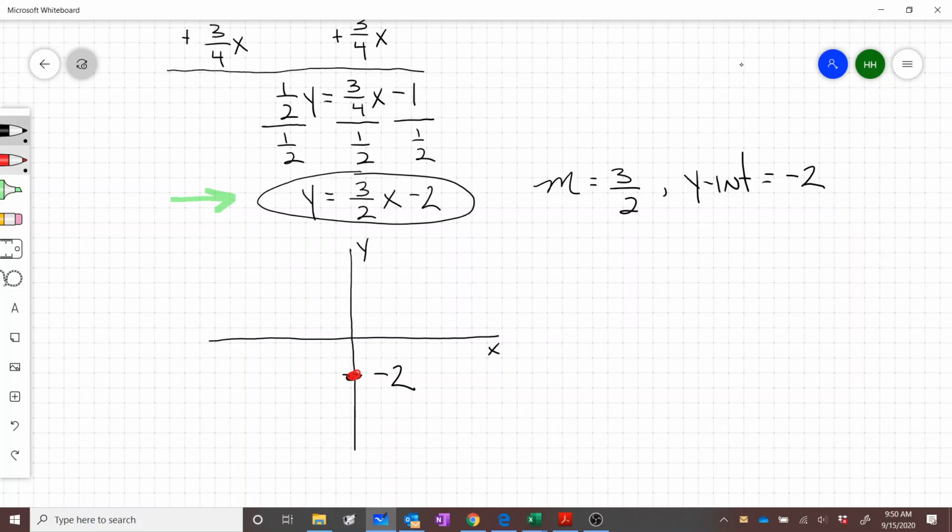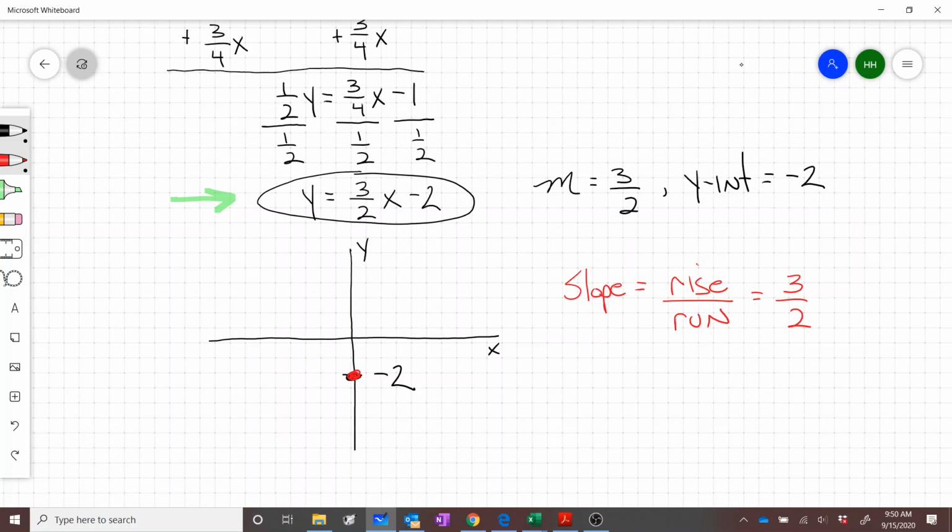Now, we didn't mention it earlier, but slope also means rise over run. Super important. Rise over run. Your rise is the same as your change in vertical, and your run is the same as change in horizontal. Look, your slope is 3/2.